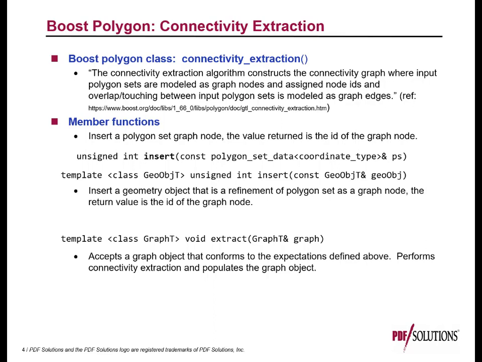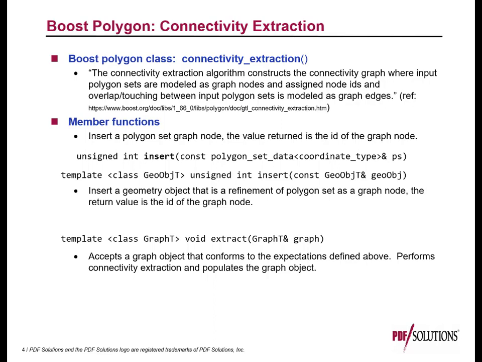So essentially the way this works, you have a pair of layers, you operate in pairs of layers, and then do connectivity extraction on it. You need to use two member functions for that. One is called the insert. So essentially you insert your polygons on these two layers into the connectivity extraction.